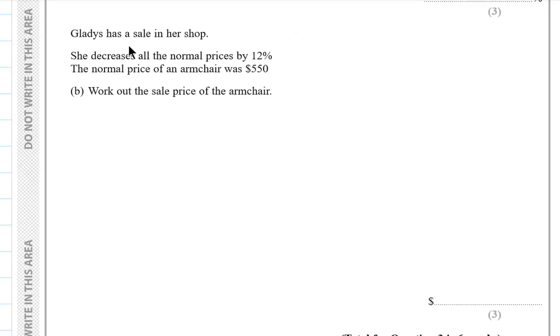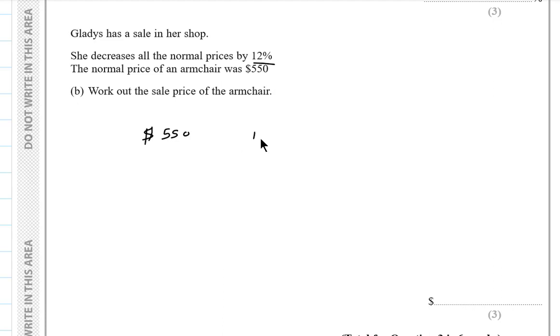Okay. Gladys has a sale in her shop. She decreases all normal prices by 12%. The normal price of an armchair was $550. Work out the sale price of the armchair. Okay, we have two methods. The first one, we can write here $550.